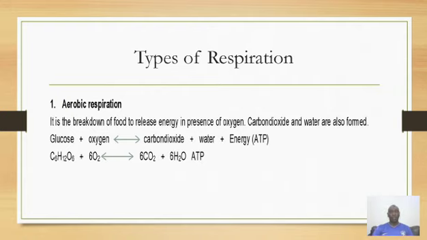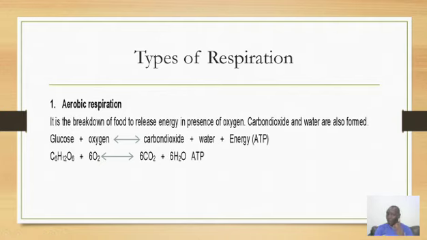Just like we can see from our equation here, the main respiratory substrate is glucose. In presence of oxygen, glucose is broken down into carbon dioxide, water, and energy, which is in the form of ATP. So in addition to energy, we have carbon dioxide and water.